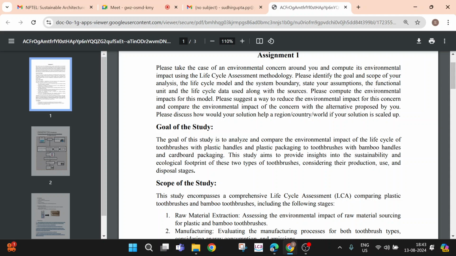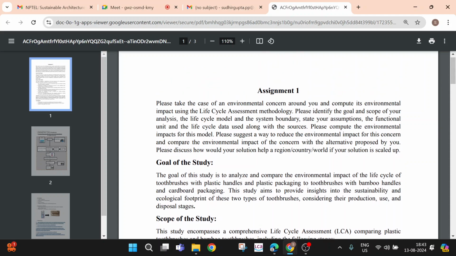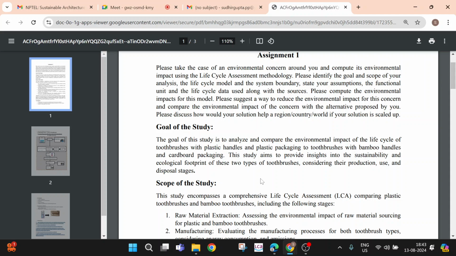Yes, sir. You can see how it is done. It is done for one product, that is a toothbrush in this case. But similarly, you can enlarge this concept and do the life cycle analysis for various other products, which will be much more complex. Once you know the concept of cradle to grave and cradle to cradle, and how it is done. In this case, first of all, before doing the life cycle analysis, you will have to set the goal of your study.